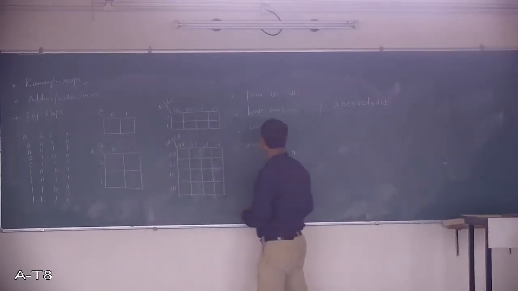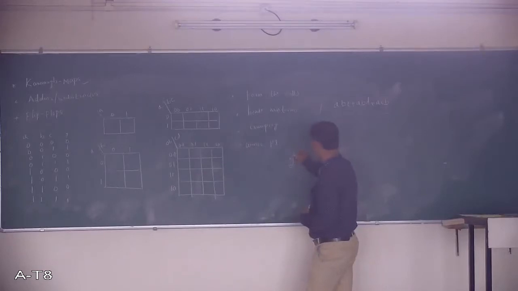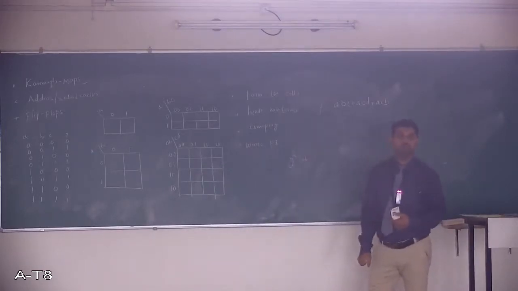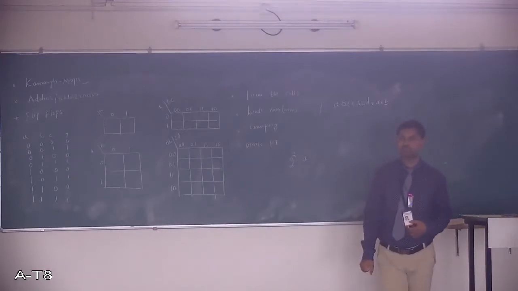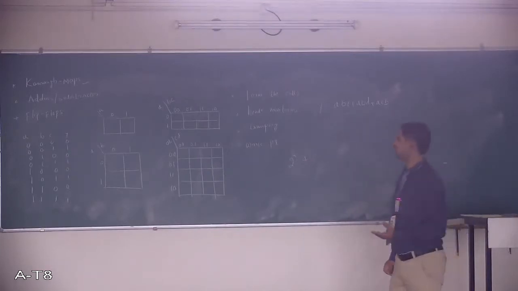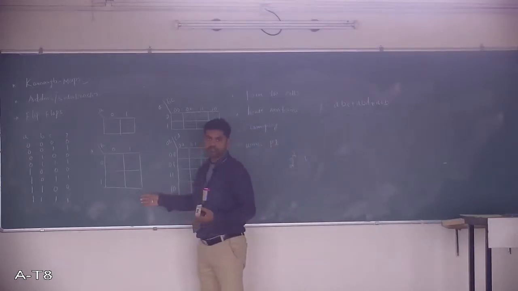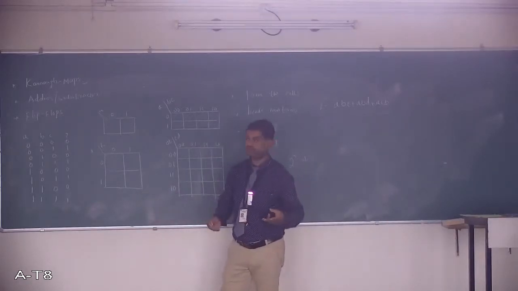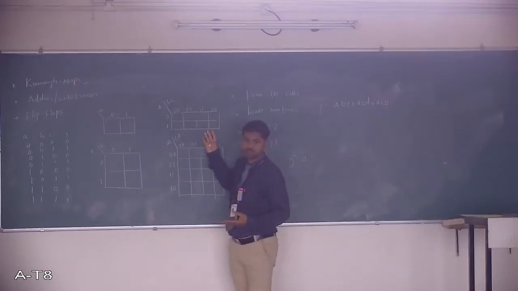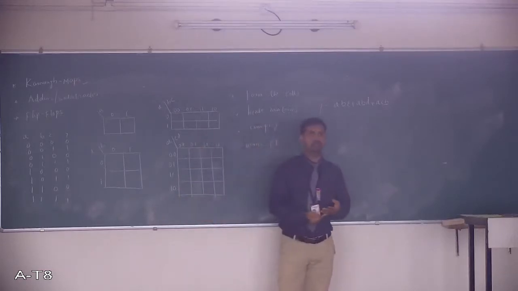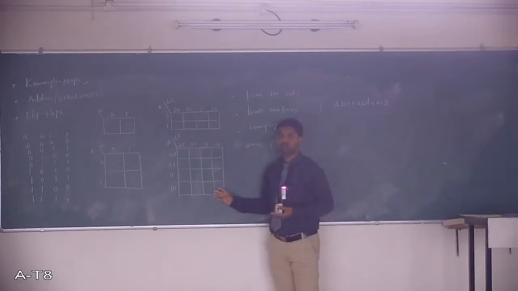If the number of input variables is 2, the number of cells should be 4, drawn like this. If variables are 3, 8 cells, you can present like this. If 4 variables, the total number of cells is 16.